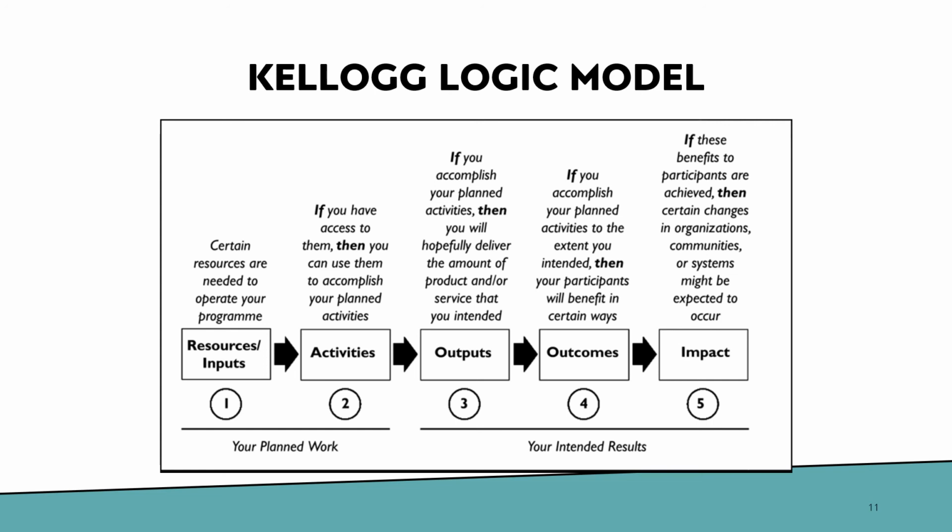So the Kellogg model actually starts with the outputs. If you accomplish your planned activities, then hopefully you will deliver the amount of product or service that you intended. So thinking about what are the outputs, what are the services that you want to demonstrate have been delivered. So what are the things that your program is going to produce?